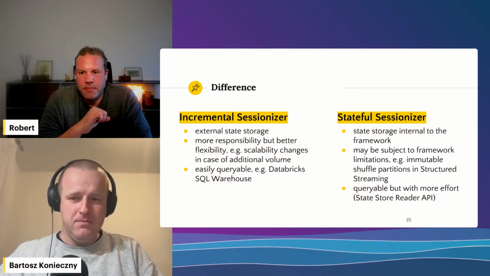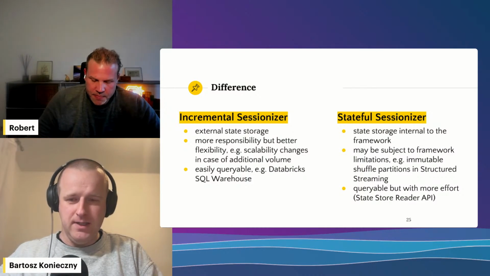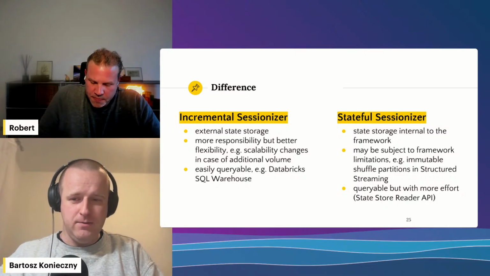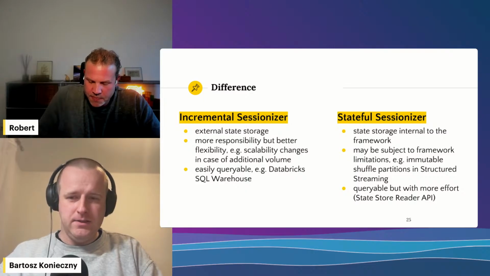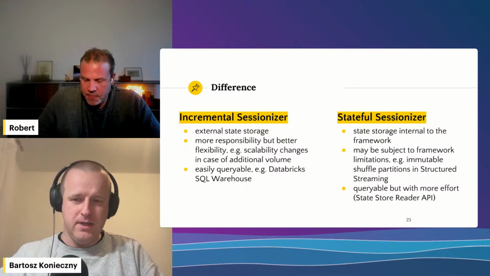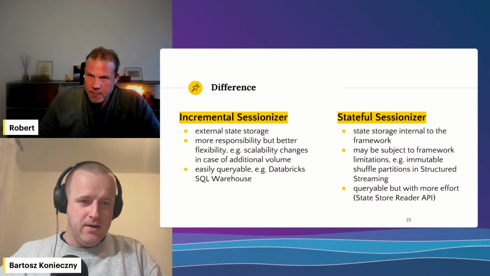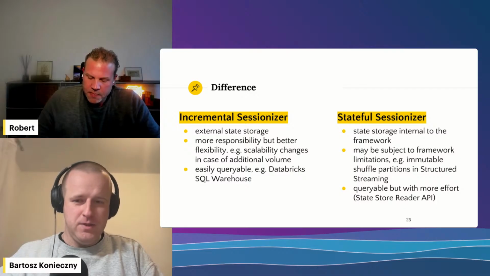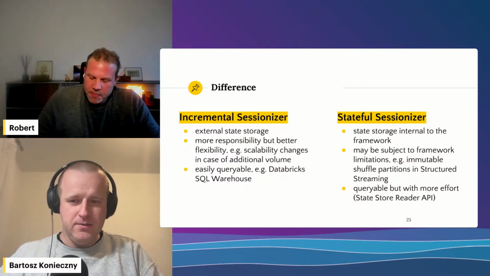It's queryable much more easily with warehouse endpoints or when you have an ad hoc framework, even outside of Spark. You can probably query Parquet files or Delta table with Flink as well. On the other hand, the stateful sessionizer requires less implementation effort on your side, at least for this state management.